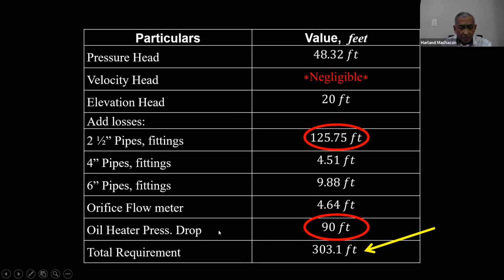This one here, the oil pressure drop, we can't do anything about this because we cannot just say, oh, we'll buy another heater.